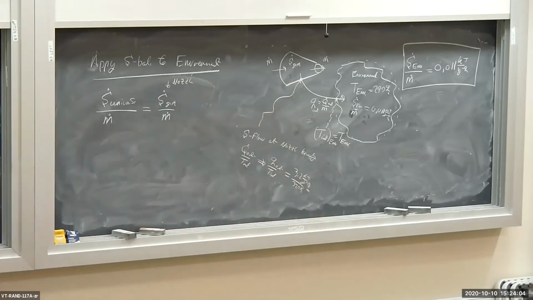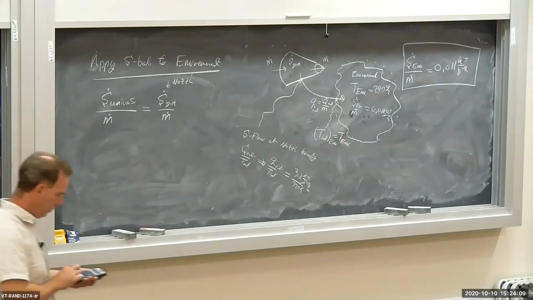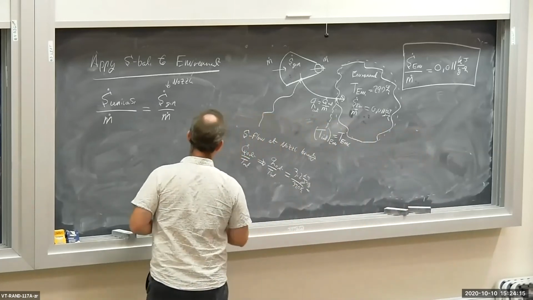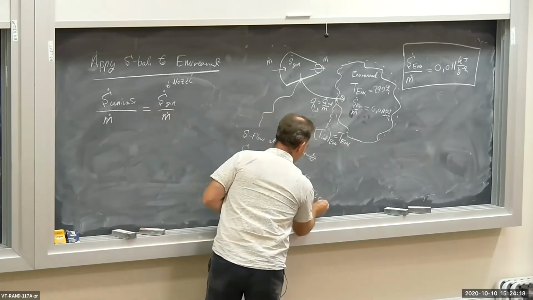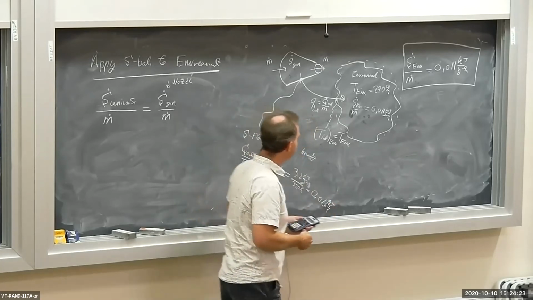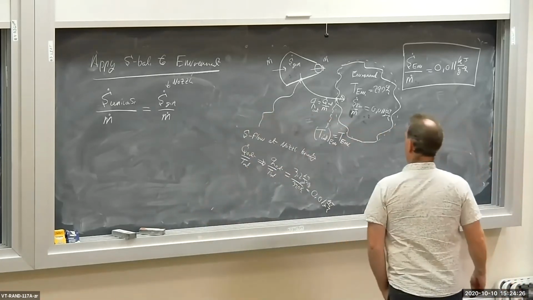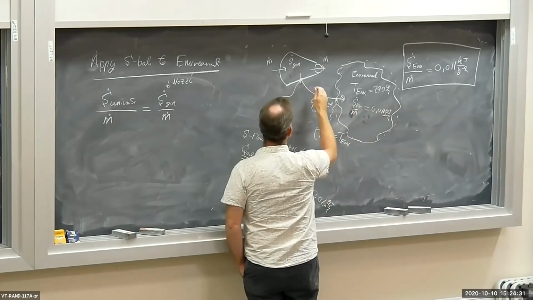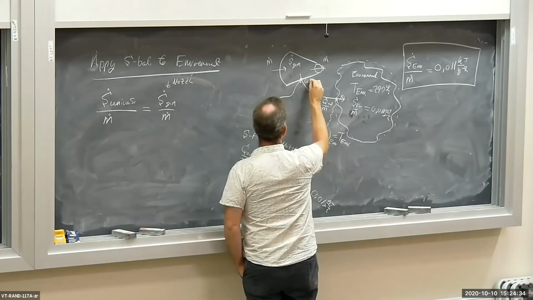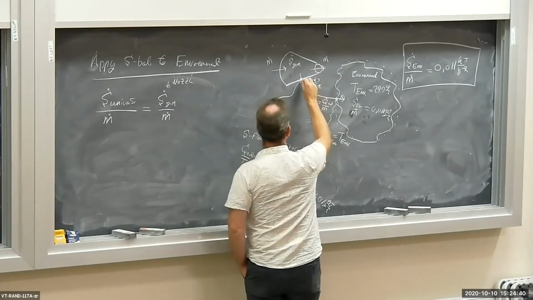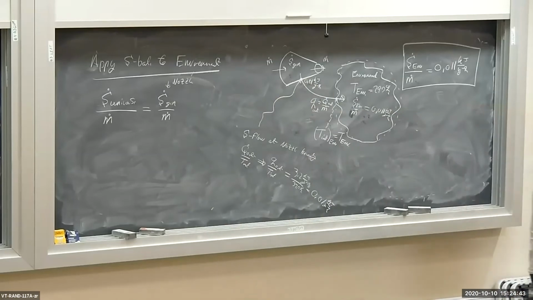So 3.2 divided by 320, and I get 0.01 kilojoule per kilogram degree Kelvin. So right here, entropy is leaving at a rate of 0.01 kilojoule per kilogram degree Kelvin, right at the surface of my nozzle.